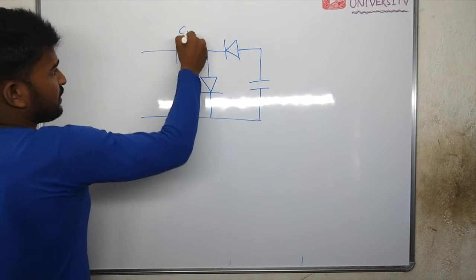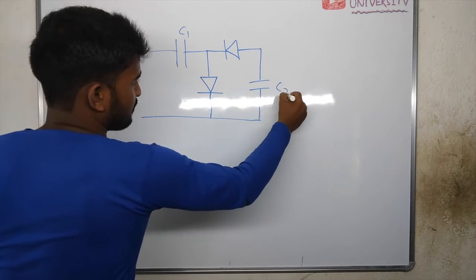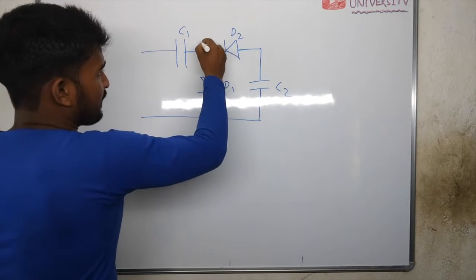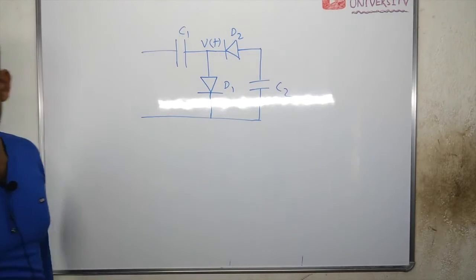This is your capacitor C1, and this is your C2, this is your D1, this is your D2, and this is given V of t. The voltage at this node is V of t.